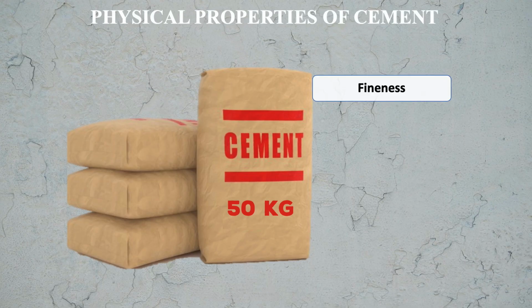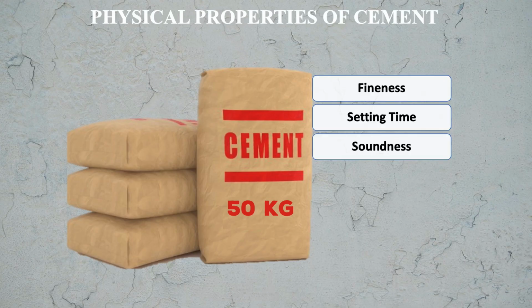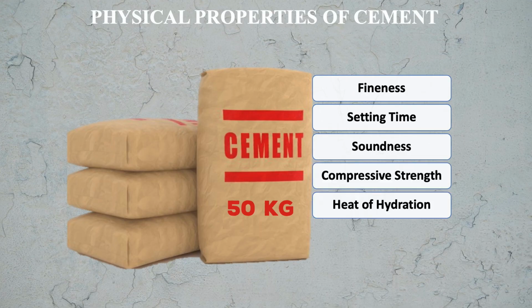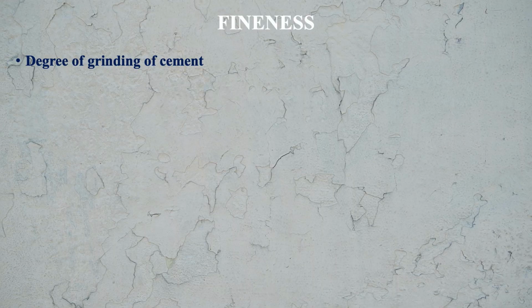Fineness of the cement, setting time, soundness of cement, compressive strength of cement, heat of hydration of cement and specific gravity of cement. These are the physical properties of the cement. Let us take one by one. Fineness. Fineness can be defined as the degree of grinding of cement.